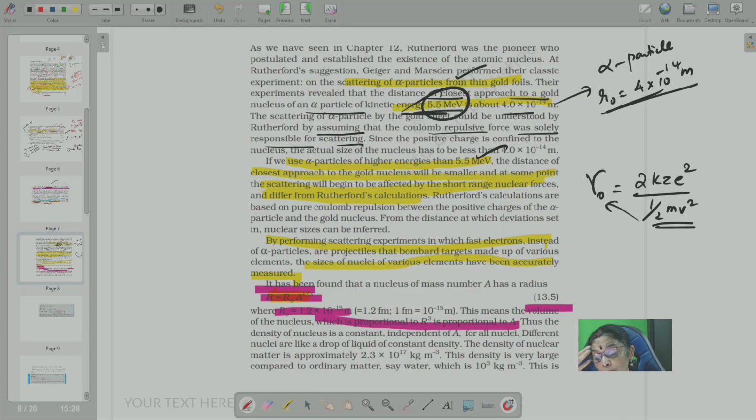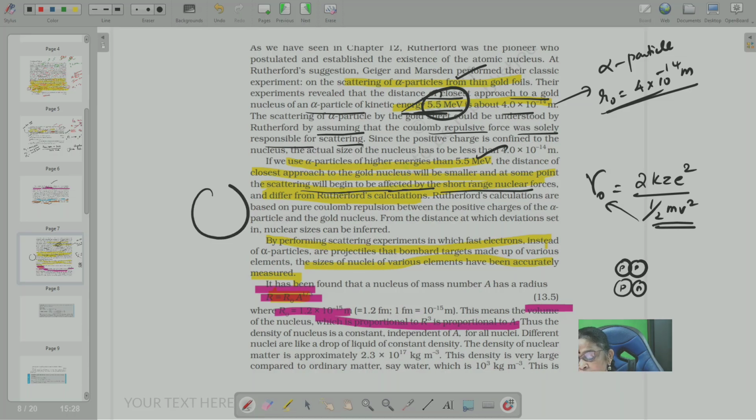Therefore, the distance of closest approach to the gold nucleus will be smaller, and at some point the scattering will begin to be affected by the short range nuclear force. So when you come closer and closer, what will happen? The Coulomb's repulsive force becomes negligible, whereas the strong force existing between the proton and neutron will dominate.